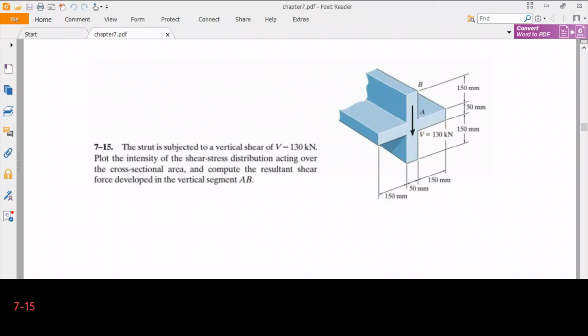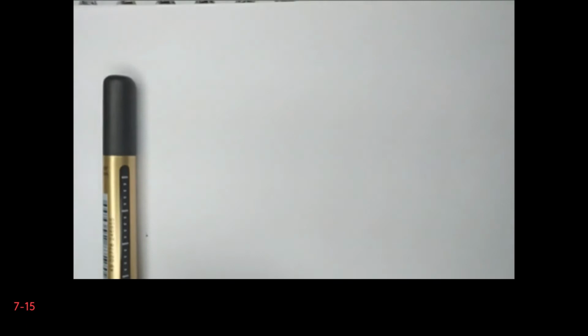Okay, so we will first begin by defining the variables.